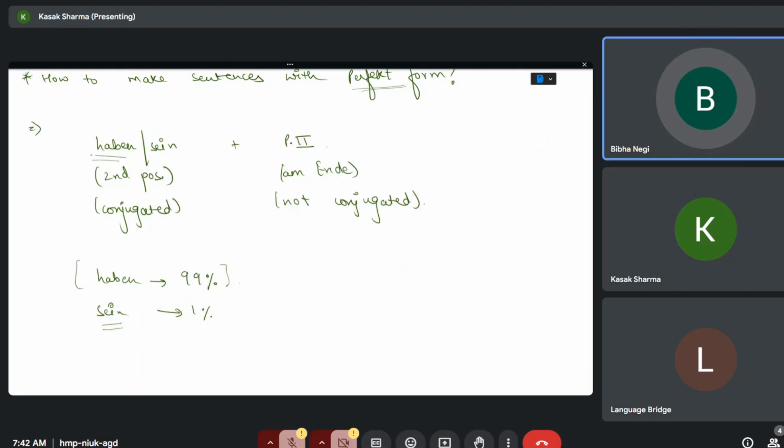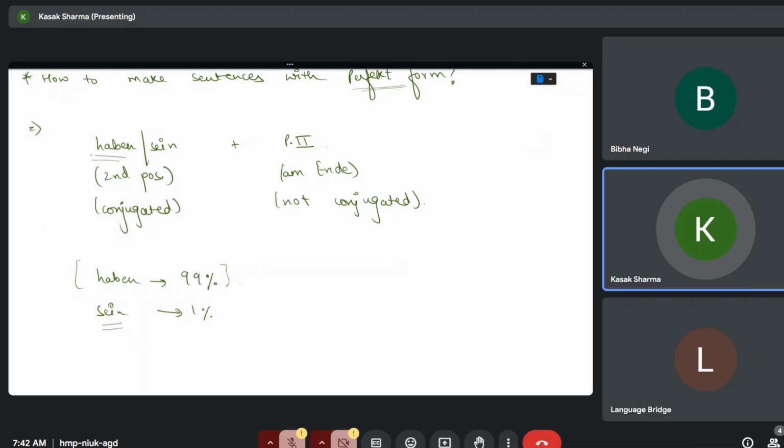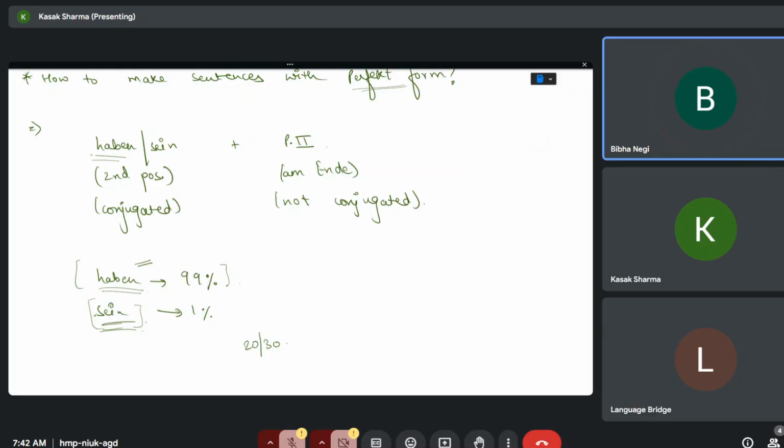Sein is used when there is movement or a change of position. Haben is used the rest of the time. I'll give you the list of all the verbs which take sein as the helping verb. Just try to learn them. If there are only 20 or 30 verbs which take sein, the rest of the verbs will take haben, so it will be easy for you. Till now any doubt?